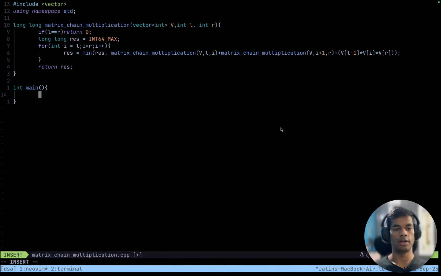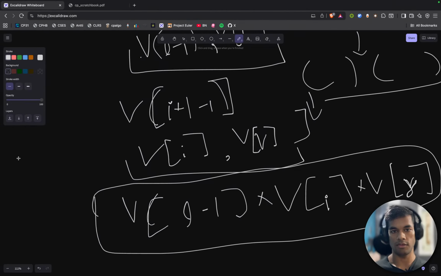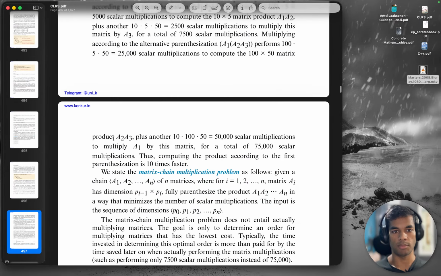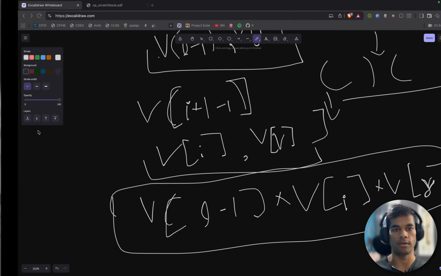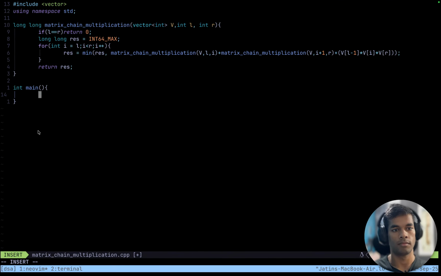Int main, let's define our vector and let's use this example that they have given us. They have three matrices of this size: 10, 100, 5, and 50. Vector of integers, let's call it V: 10, 100, 5, and 50.